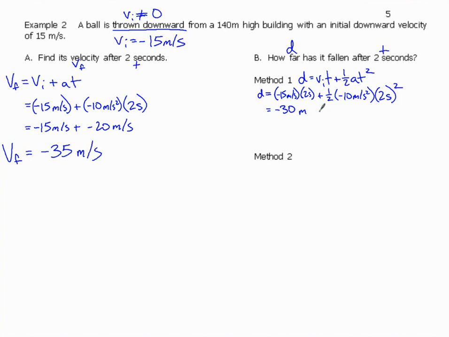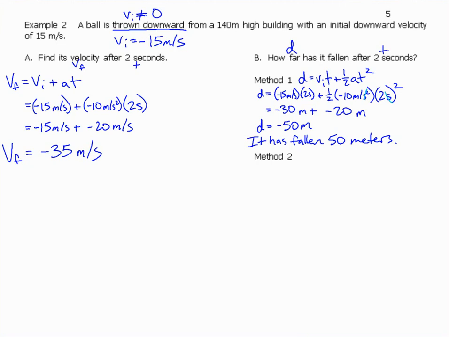So here's negative 30 meters plus 4 times negative 20, and this is meters because second squared will cancel. Distance equals negative 50 meters, and you could say it has fallen 50 meters.